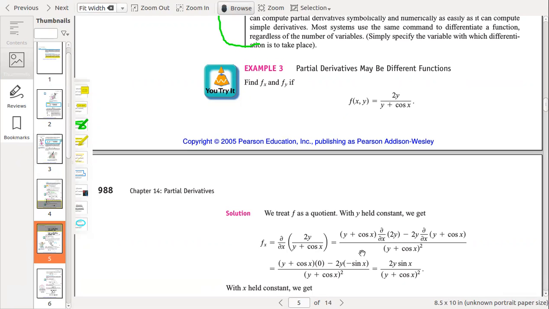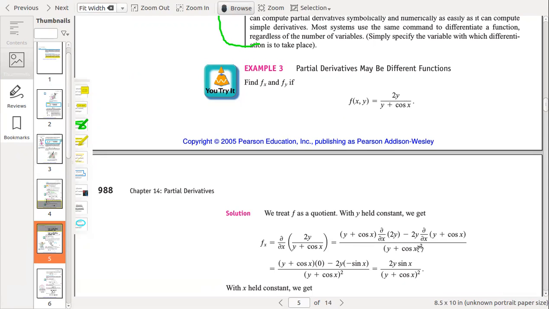So u over v gives v squared, meaning y plus cos x whole squared, and then v as it is, y plus cos x, times the partial derivative of u. Here u is equal to 2y and v is equal to y plus cos x.